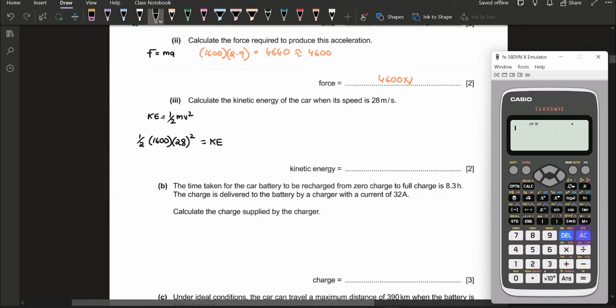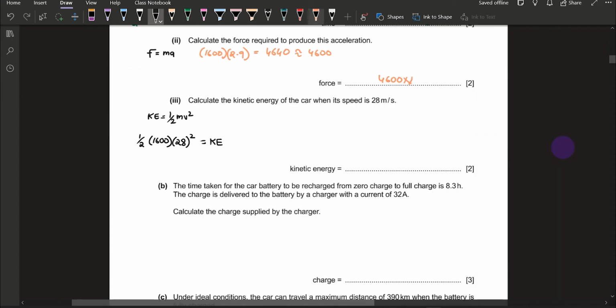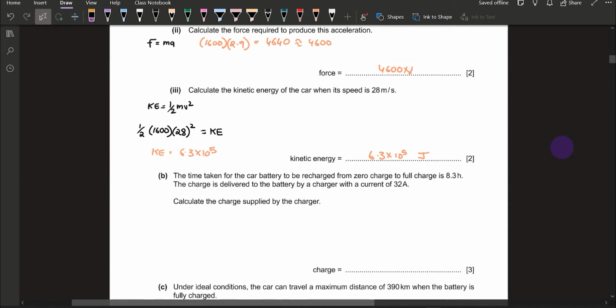So we can put this in our calculator, half mv squared, and we get our answer as 6.3 times 10 raised to the power 5. So we have our kinetic energy equals 6.3 times 10 raised to the power 5. We can write the same thing here and give our units also, which is joules.